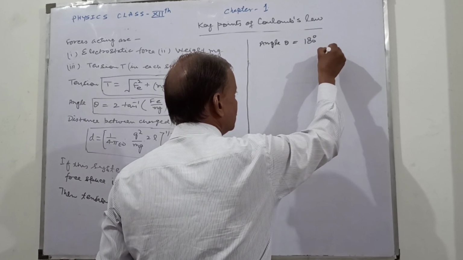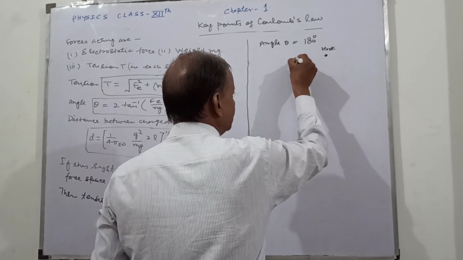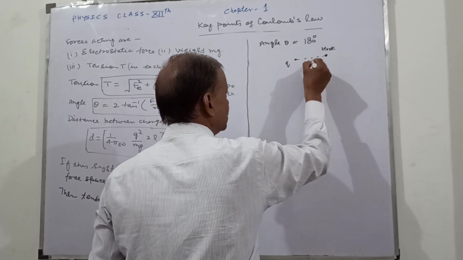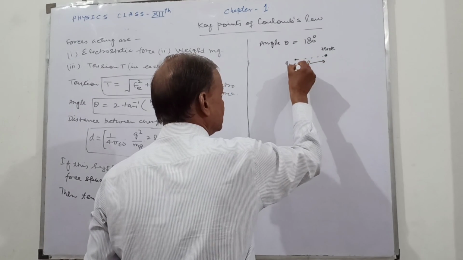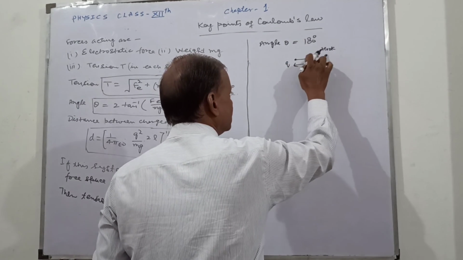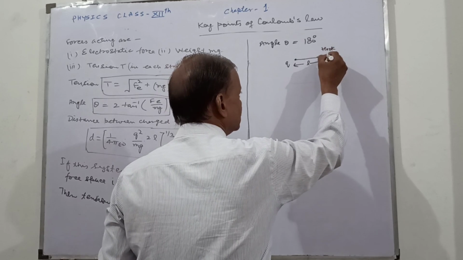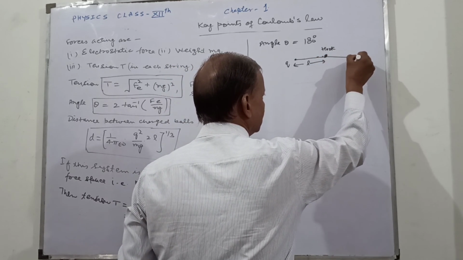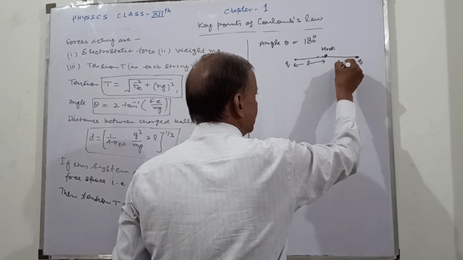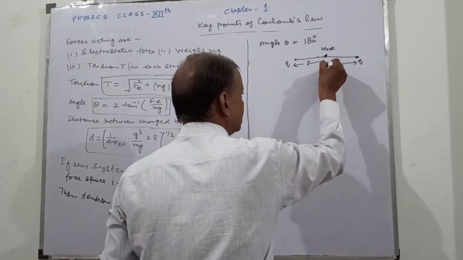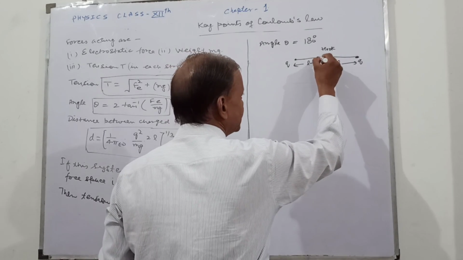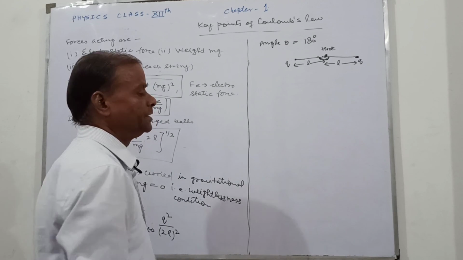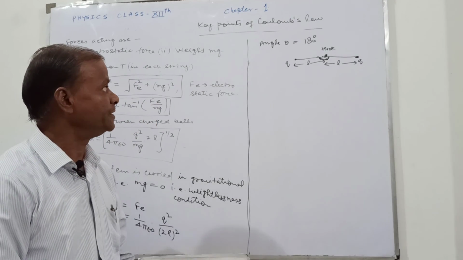Because the situation will be like this. This is the hook, these are the charges Q, this is the thread, and this is the other charge Q, at distance L. So now this angle is equal to 180 degrees.